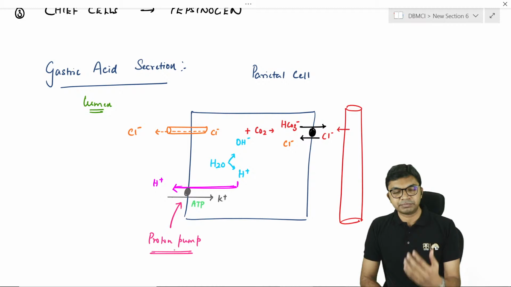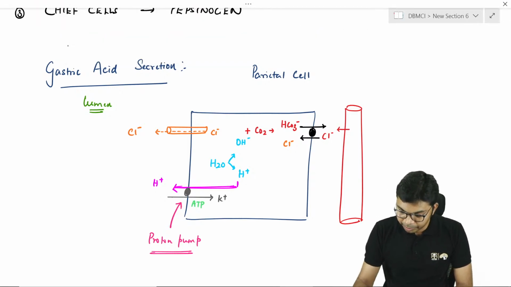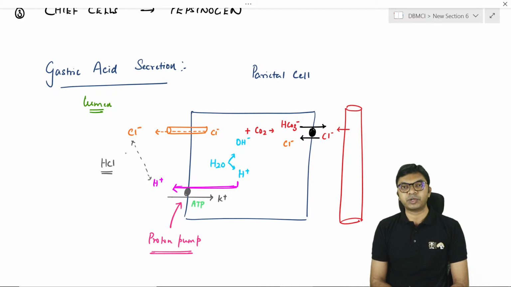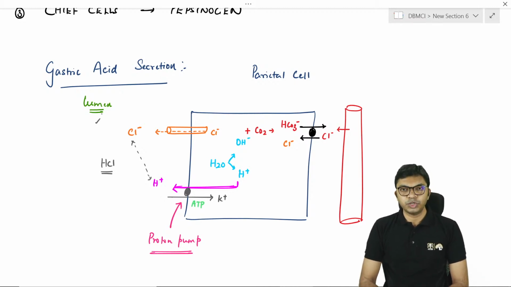Once hydrogen comes separately and chloride comes separately into the gastric lumen, they both combine together and net formation of hydrochloric acid happens in the gastric lumen. So there is formation of hydrochloric acid in the gastric lumen only. The cell is not going to produce fully formed hydrochloric acid.